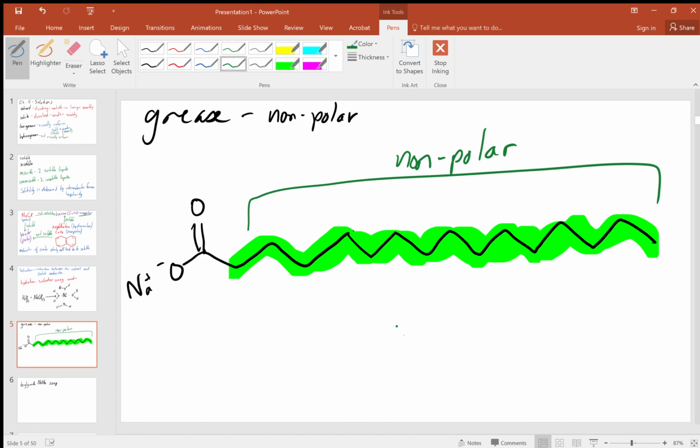But then on top of that, all these oils and all these nonpolar ends, which we can designate by these squiggly lines, come together and form this spherical type arrangement. On the outside of the sphere is the ionic part of the molecule.